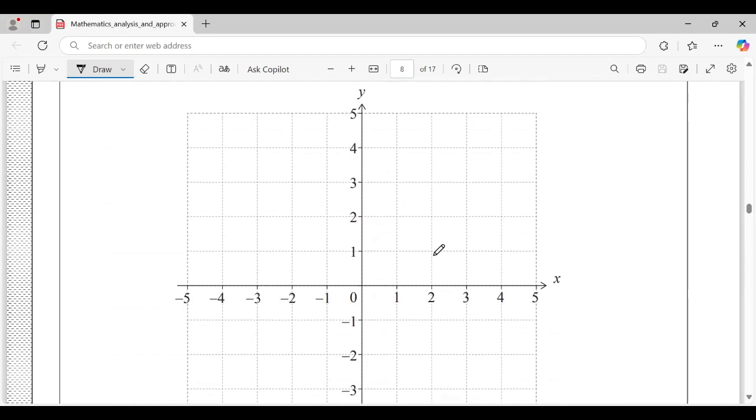This is x equals 2. Create the straight line. And y equals 1, this asymptote.